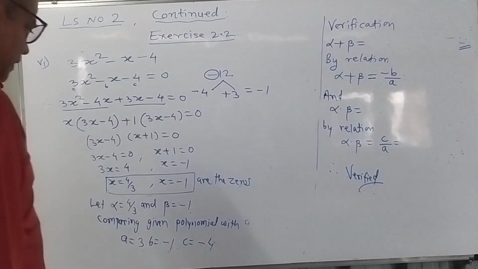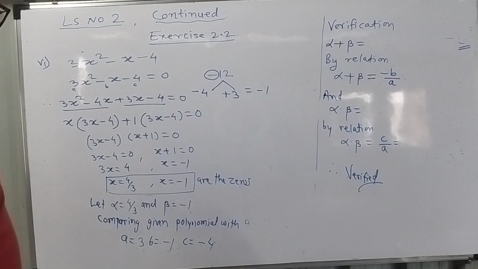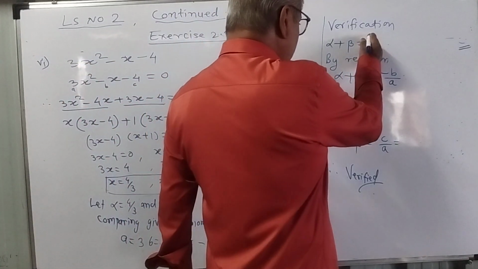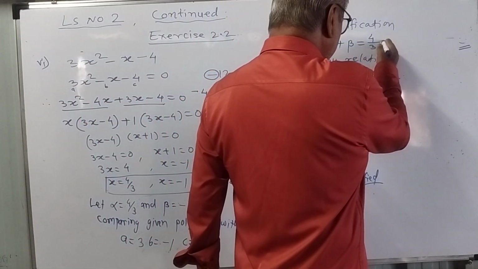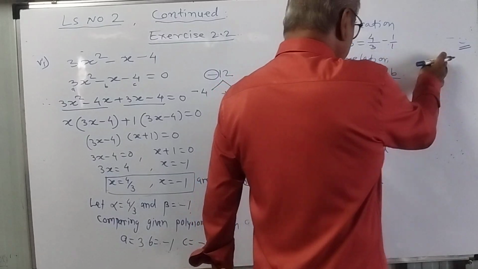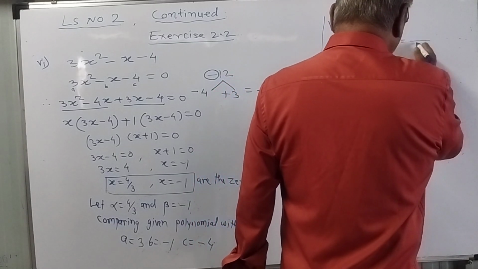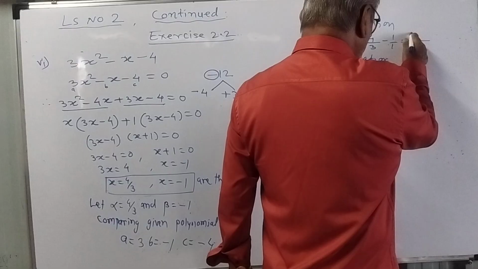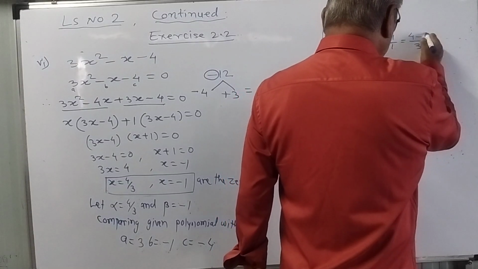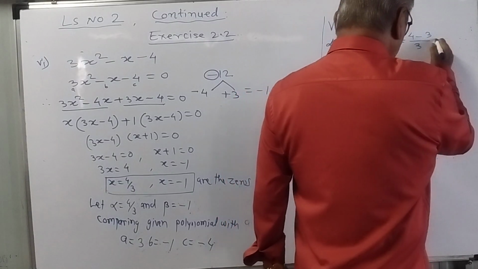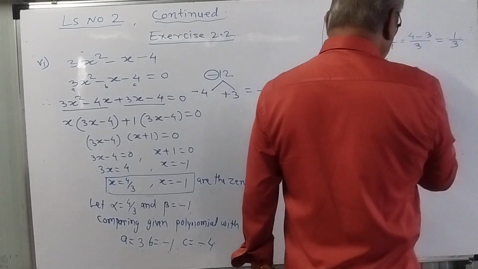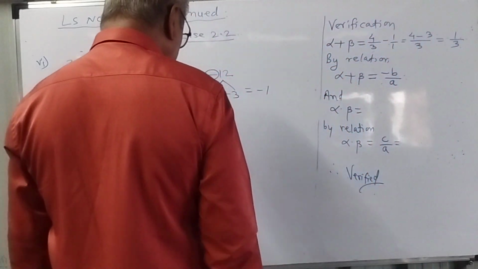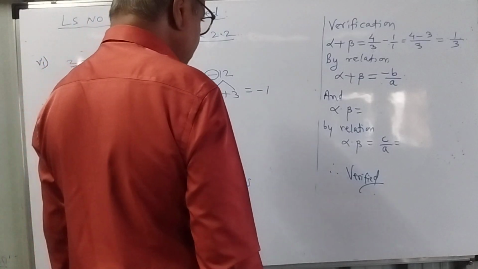Actual sum alpha plus beta, 4 upon 3 minus 1, 4 upon 3 minus 1 upon 1. So cross multiplication, it is 3, 1 4 is a 4, minus 3 1 is a 3. This is cross multiplication. You will get 1 upon 3. By relation, b is minus 1.